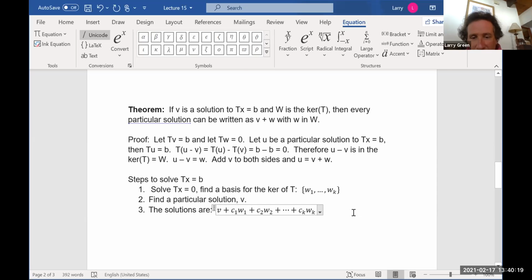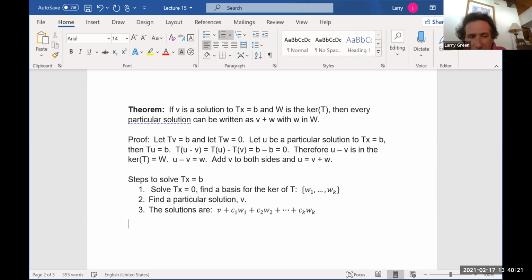Any questions on these steps to solve Tx equals B? Otherwise we don't really have a way of doing it so easily. And in the real world, often you know a particular solution because you actually did an experiment and you watched it happen. So that's one of the solutions.